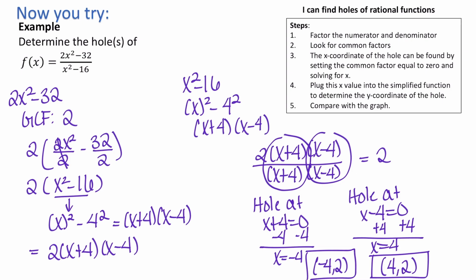Two common factors means two holes. One will be at x equals -4. The other will be at x equals 4. Interestingly enough, in this problem, when you simplify and cancel the common factors, the function just equals 2. So the y-coordinate of both of these holes will be 2. So the holes are at (-4, 2) and (4, 2).